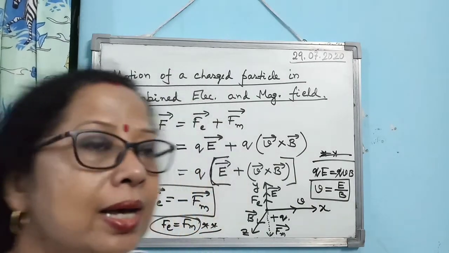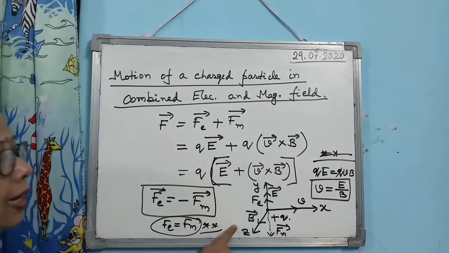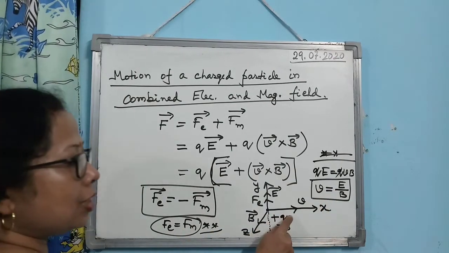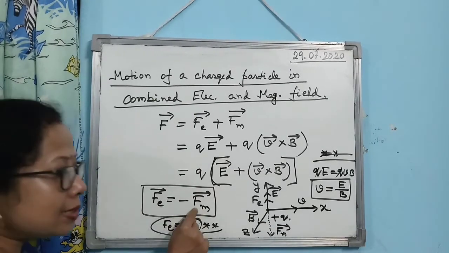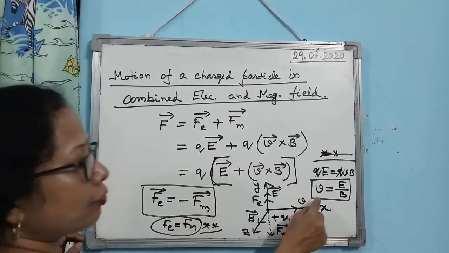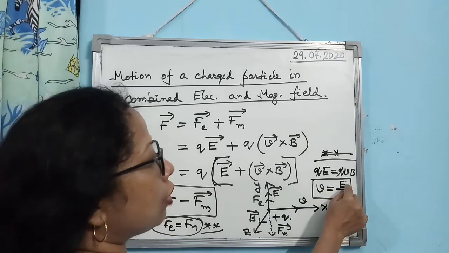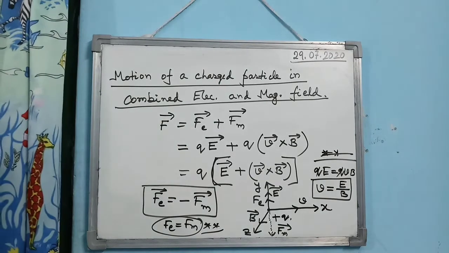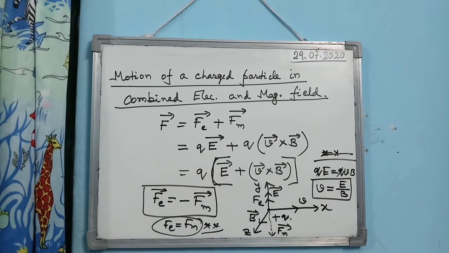So you must remember this: under which condition will the charged particle not experience any force? When Fe is equal to minus Fm. It means that the velocity of the charged particle should be equal to the ratio of the electric and magnetic field. Then only the net force experienced by the charged particle in combined electric and magnetic field will be equal to 0.